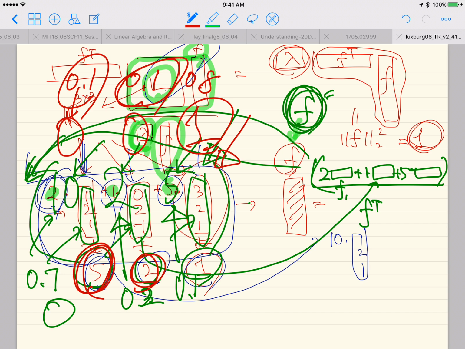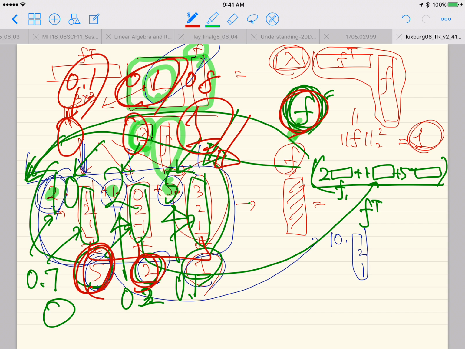So that's why the optimal solution for this vector f, even though we have the freedom to linearly combine these eigenvectors, is to just assign the entire linear combination coefficient onto this smallest eigenvector.